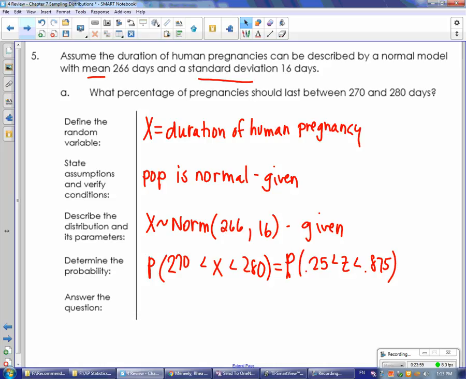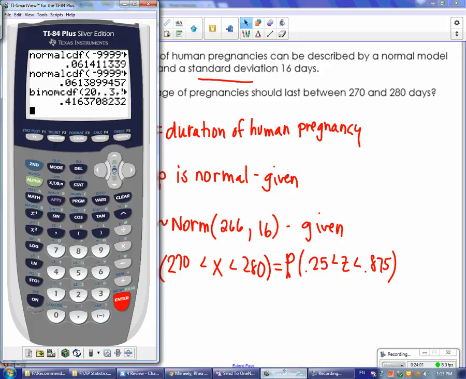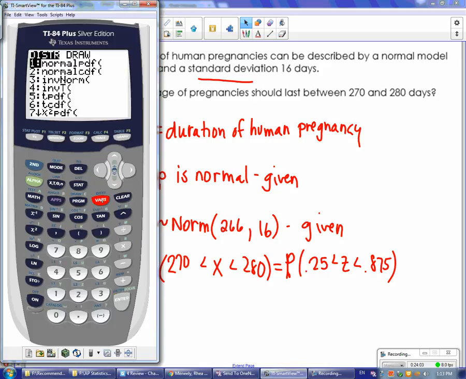And when you go to do your normal CDF, it doesn't matter if you're dealing in terms of X or Z. I'll go ahead and do X again. So my lower bound is 270, my upper bound is 280, my mean, I'm told, is 266, and the standard deviation is 16.